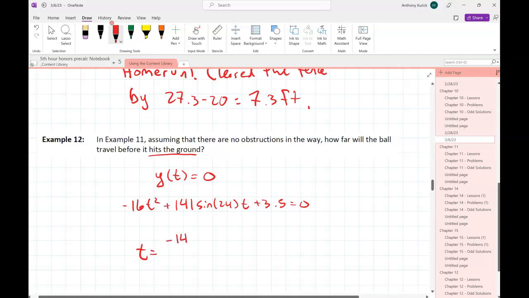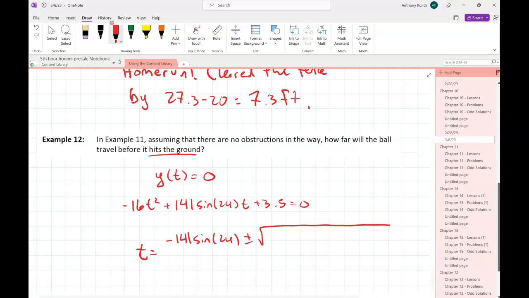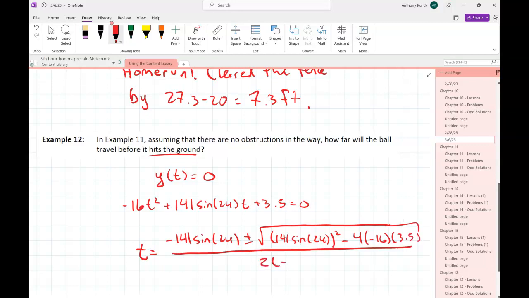Negative b, so my b is 141 sine 24, plus or minus the square root of b squared, so 141 sine 24. Notice that I am writing that in parentheses. That parentheses around it must be there. Minus 4 times a times c, divided by 2a. All right.